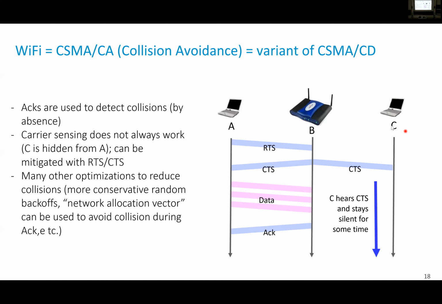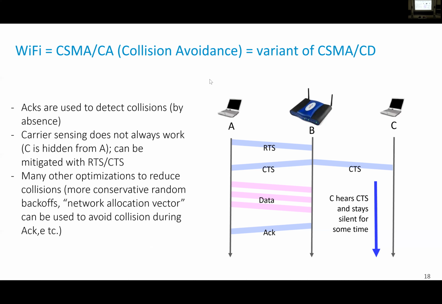If C is sending to the base station B, we cannot guarantee that A sees that C is sending, depending on the configuration of the room, depending on the powers. So the power sent by C might be just enough for B to receive, and for A, it's not visible. It's just ambient thermal noise. So A doesn't know that C is transmitting. So the Wi-Fi channel is not transitive, which makes its performance less good than that of CSMA-CD on cable systems.